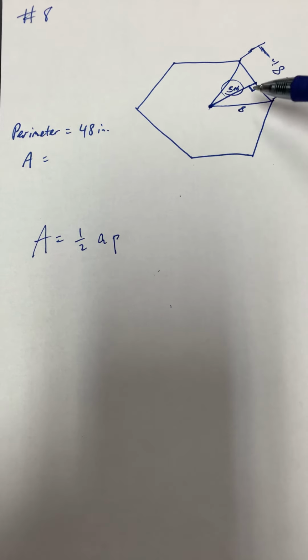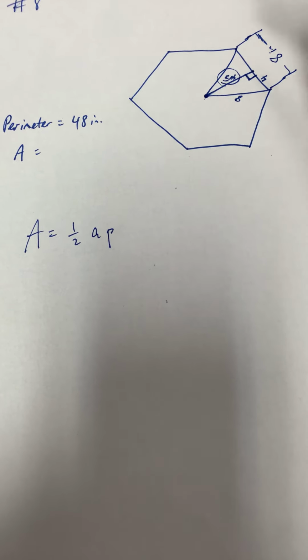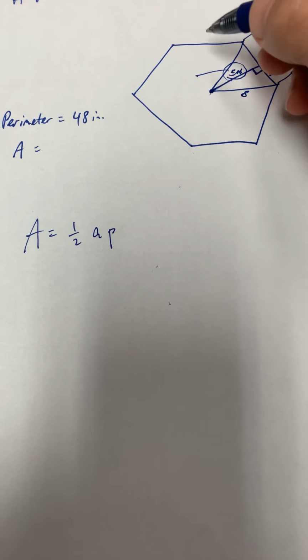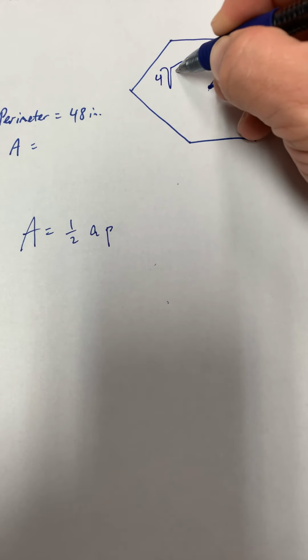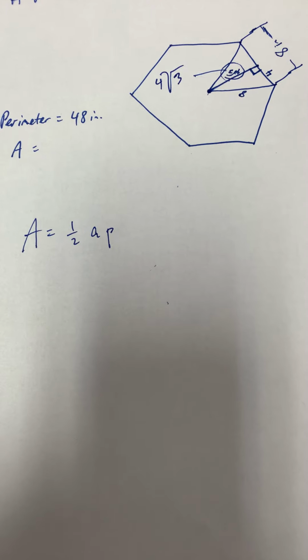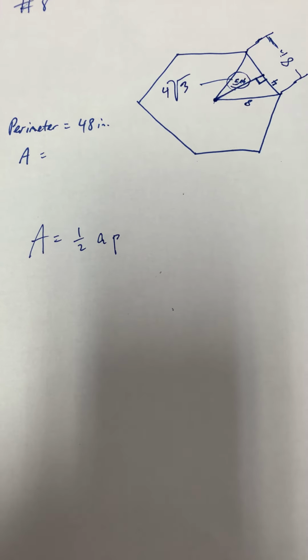So we have all that information here. We said that the apothem was 4 times the square root of 3. We already know that the perimeter is 48, so we're just going to plug it in.